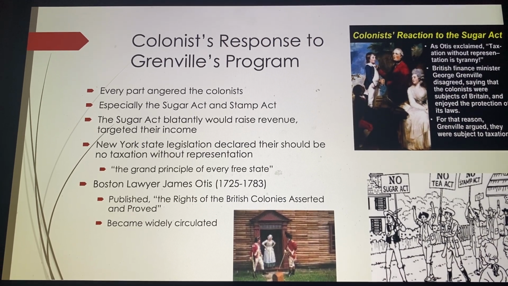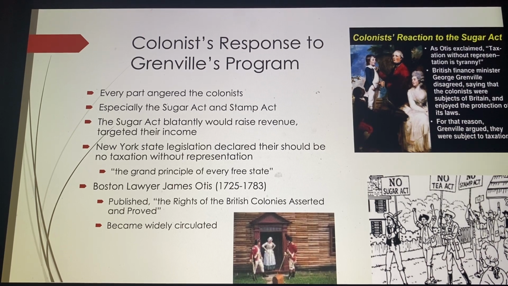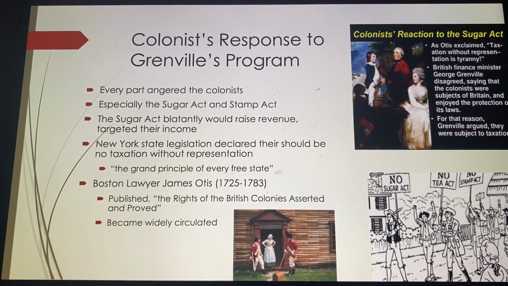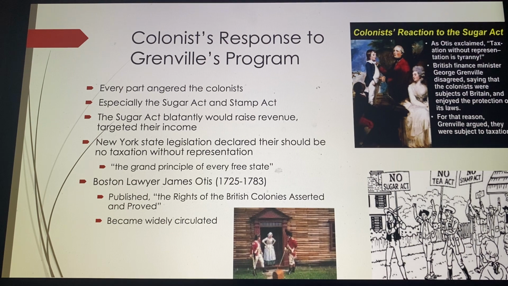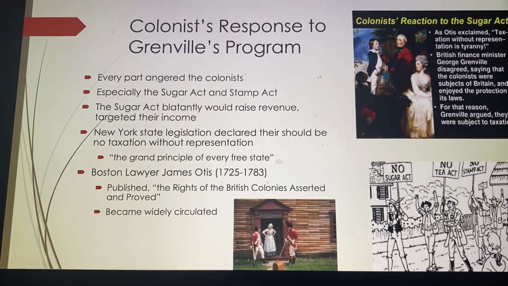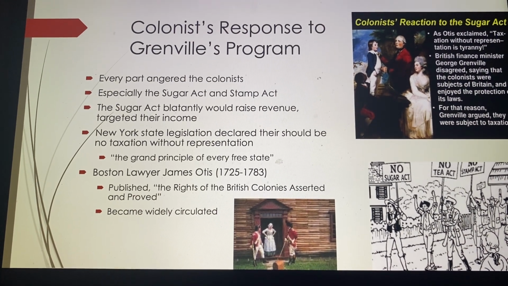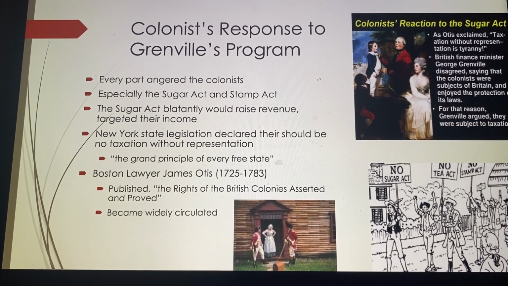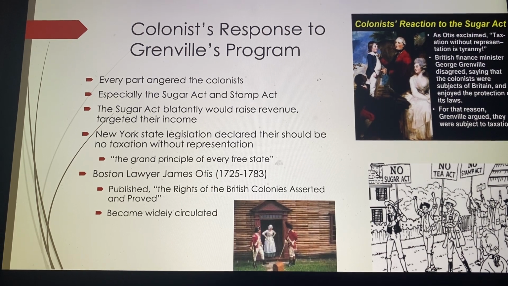The Boston lawyer James Otis, who lived 1725 to 1783, published The Rights of the British Colonies Asserted and Proved. So he started publishing things so the people would look and say, oh, what is going on here? We're being taxed here and there, and so they know exactly.